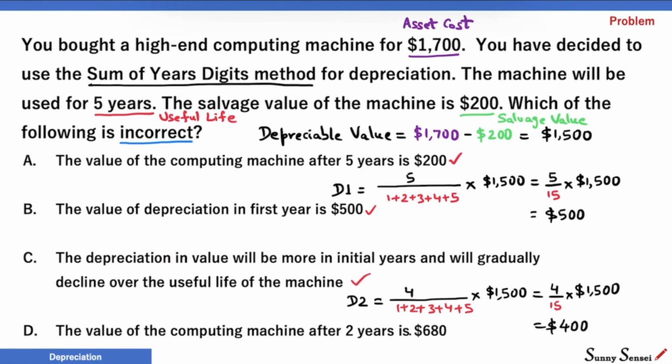The asset value after 2 years will be initial value of $1,700 minus $500, depreciation in year 1, minus $400, depreciation in year 2, or $800. D says $680, which is incorrect. D is our choice.